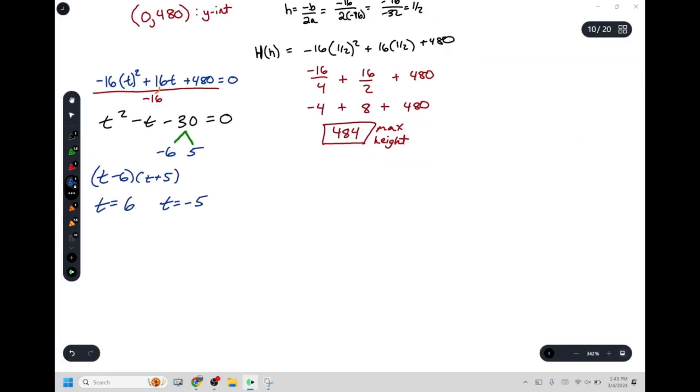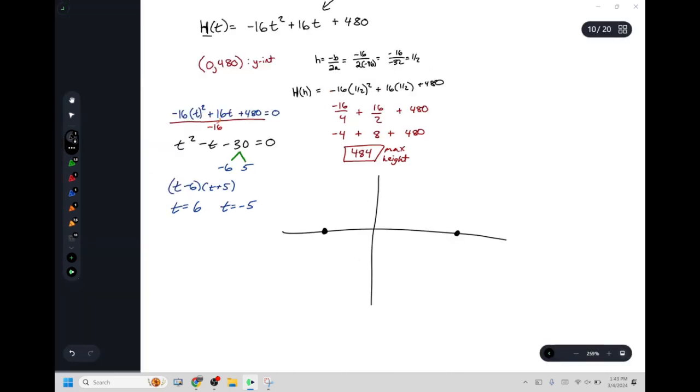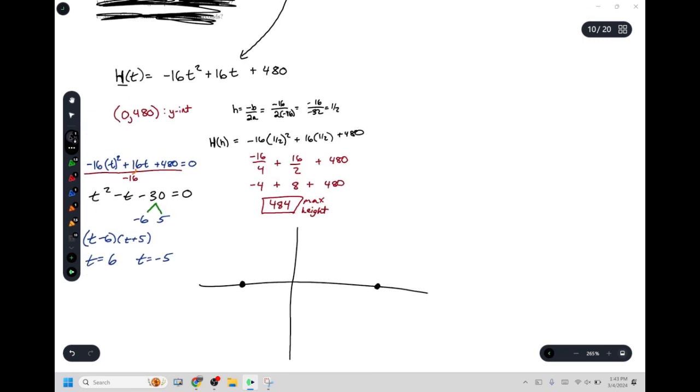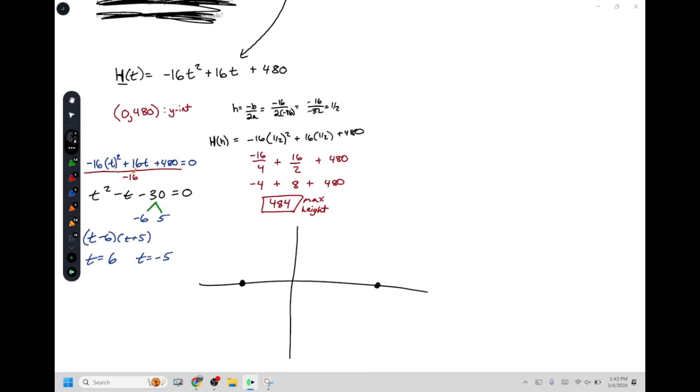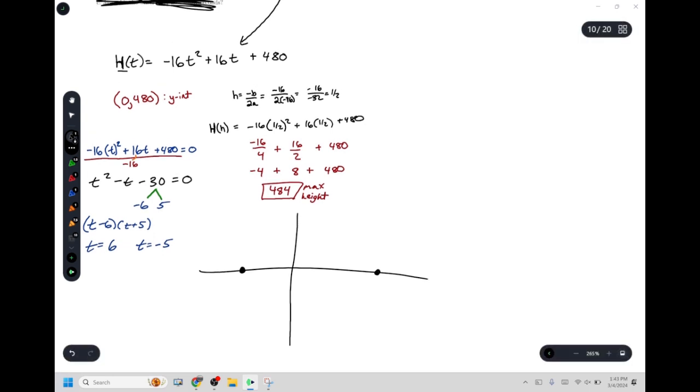So if I were going to graph this whole thing, I'd probably go negative 5, positive 6. Well, the y-intercept was 480, right? Hey, whoa, stop.